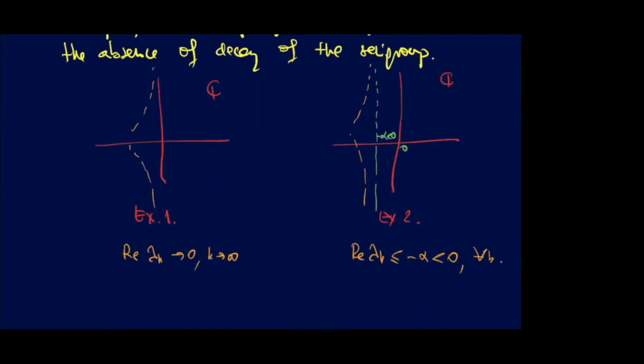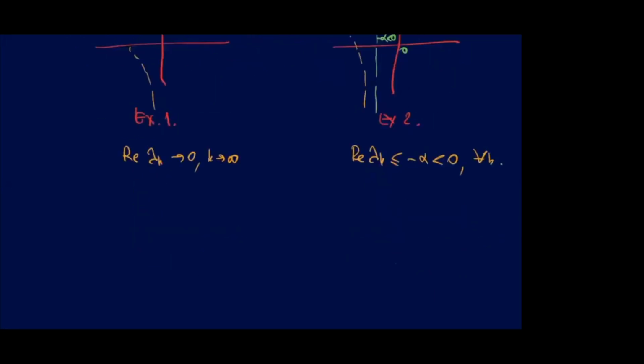What do you think is the answer? What is decaying better, example 1 or example 2? It's of course example 2. Example 2 typically corresponds to an exponential decay rate.